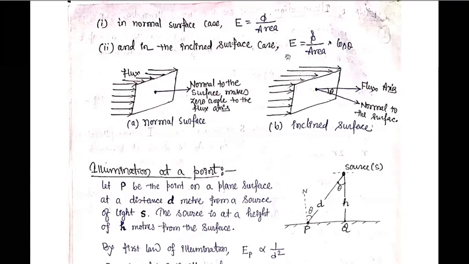So this illumination E is equal to phi by A into cos theta according to Lambert cosine law.